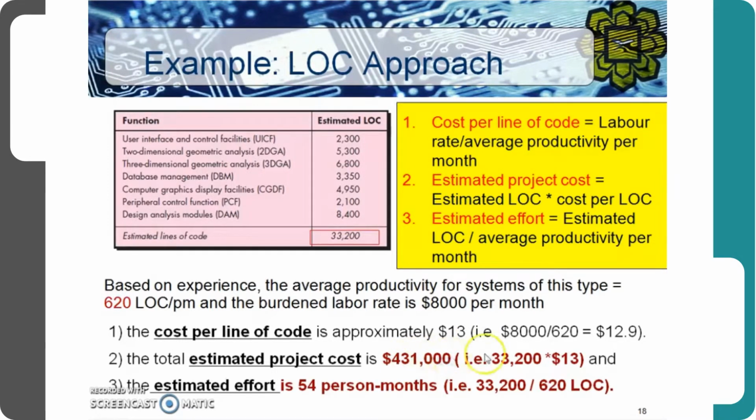Finally, we can also calculate the estimated effort, which is estimated lines of code divided by average productivity per month. So we get 33,200 divided by 620 lines of code per month, and the estimated effort is 54 months.